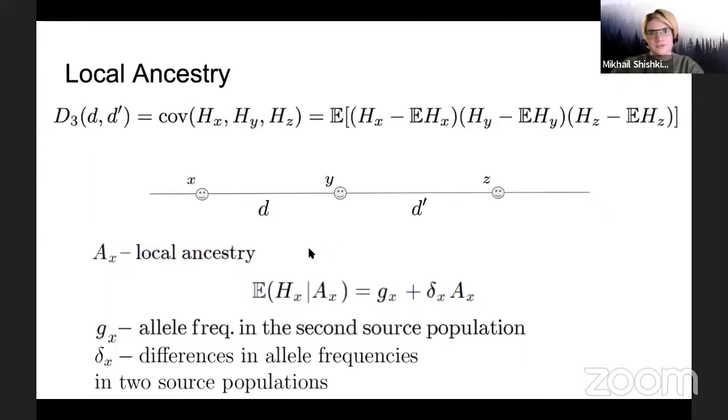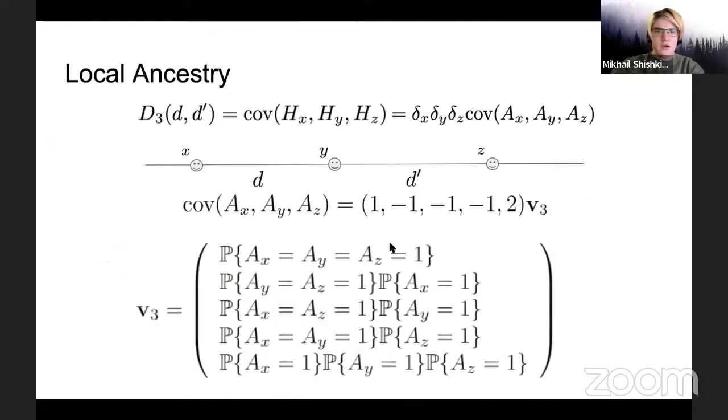And consider the conditional expectation, where J_X is the allele frequency in the second source population, and delta X is the difference in allele frequency in the 2 source populations. If we assume that the frequencies are known and fixed, we get the next equation, where the covariance of these haplotypes is the covariance of local ancestry multiplied by these deltas.